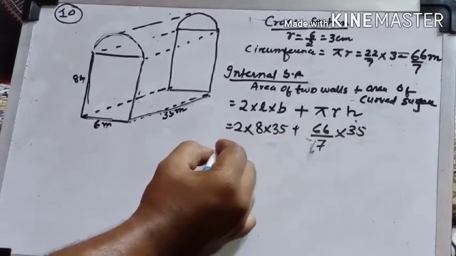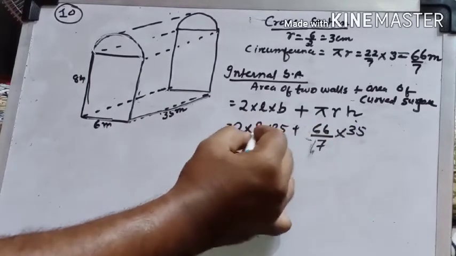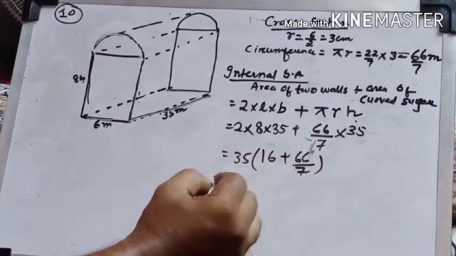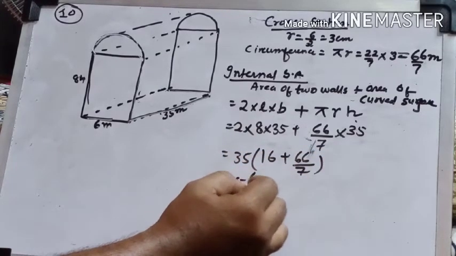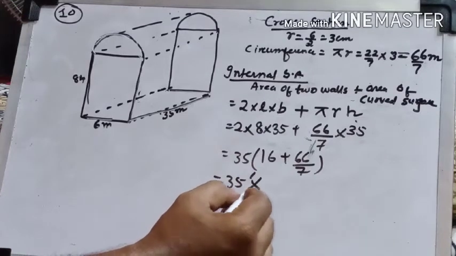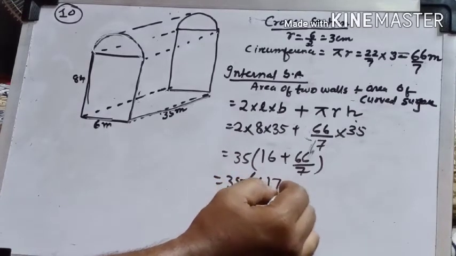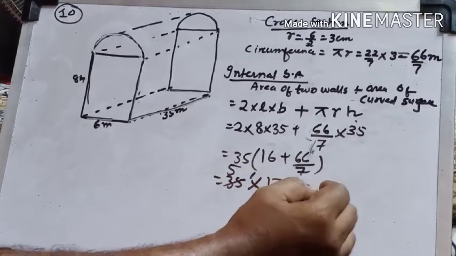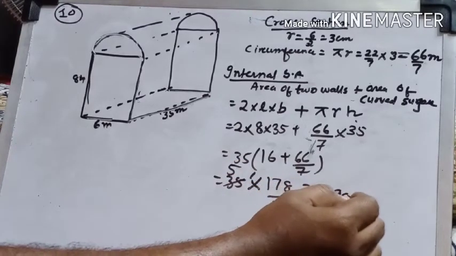So we'll take 35 as common. So 16 is left, and it is 66 by 7. So it will be 35, and after calculation this value will come out as 178 by 7. 7 will cancel 35 five times. Your answer will come out as 890 meters square.